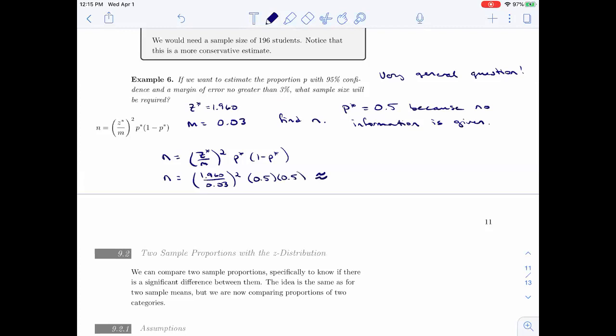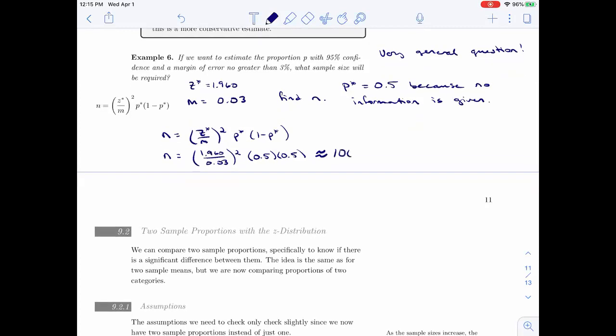I do 1.96 divided by 0.03, square that, times 0.5 times 0.5. I'm finding roughly 1067.111, so I would need n equal to 1068.